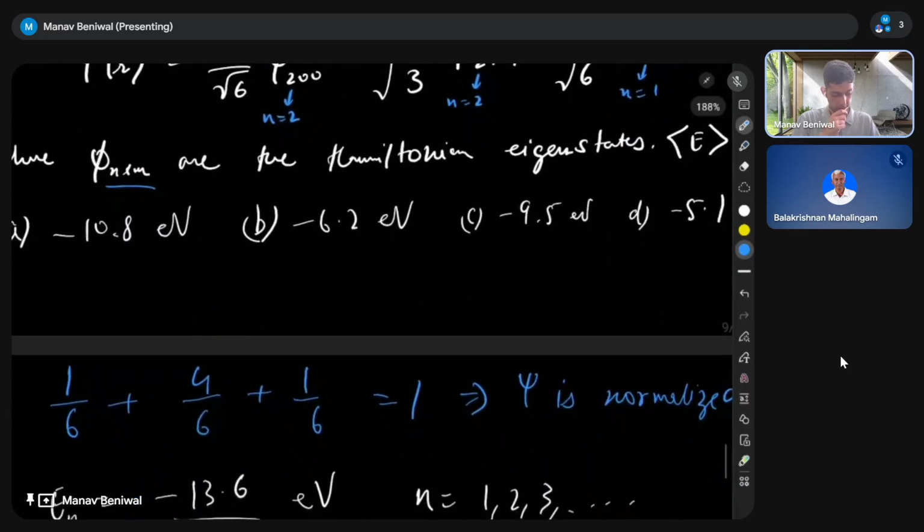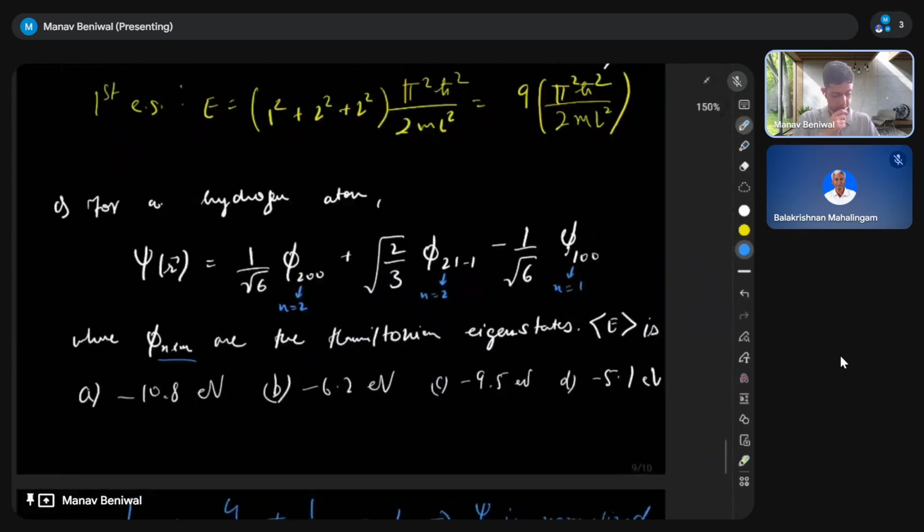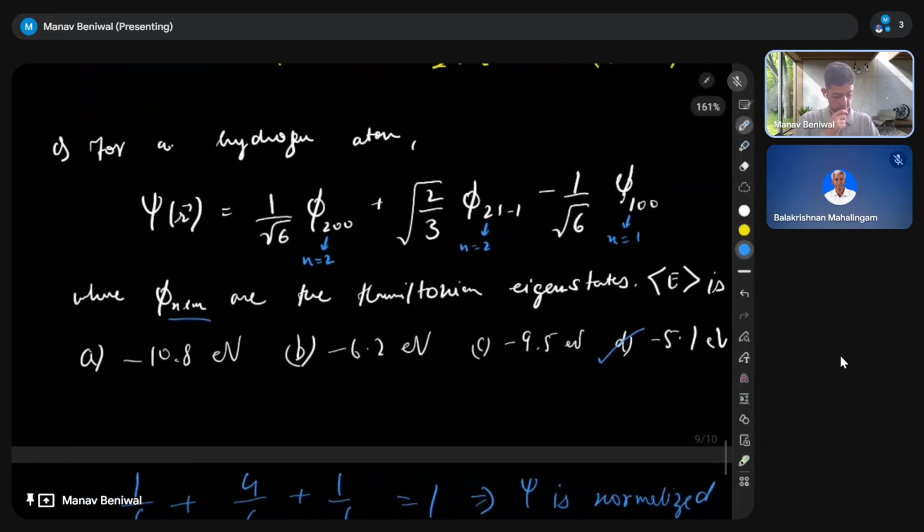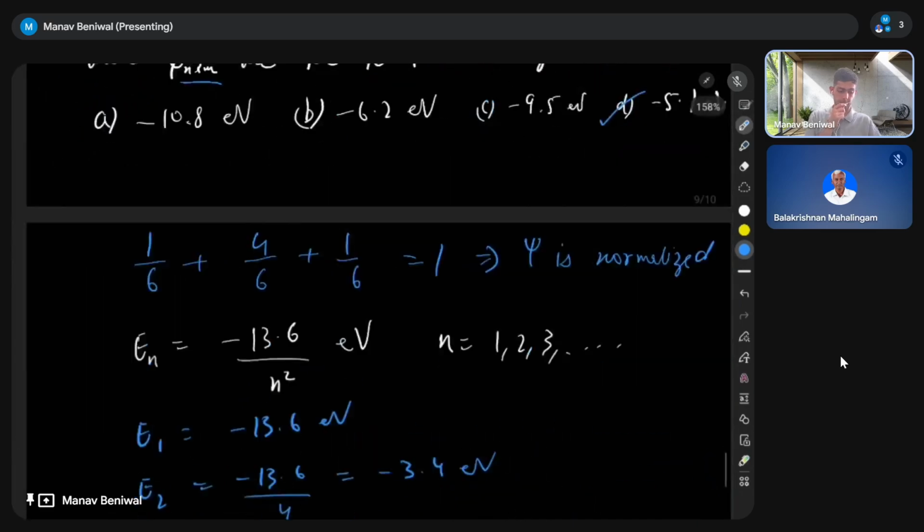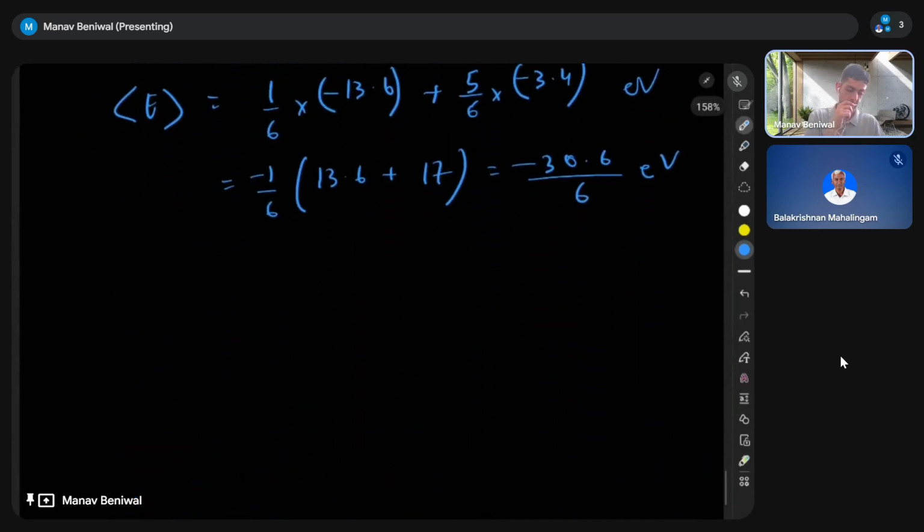And which means option D, which is 5.1 eV. Correct. So our E is 5.1 eV.